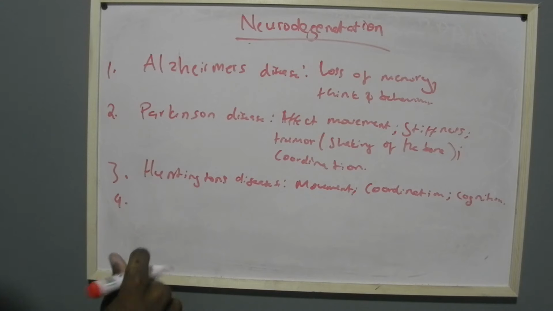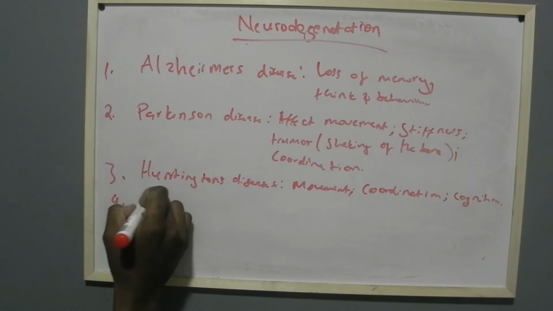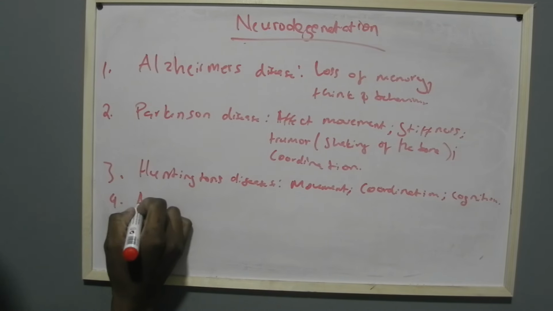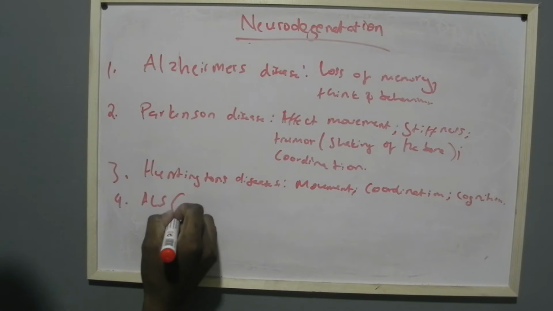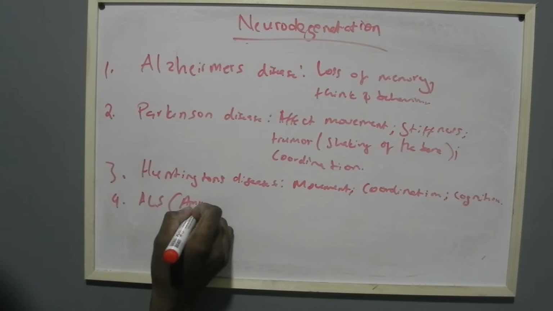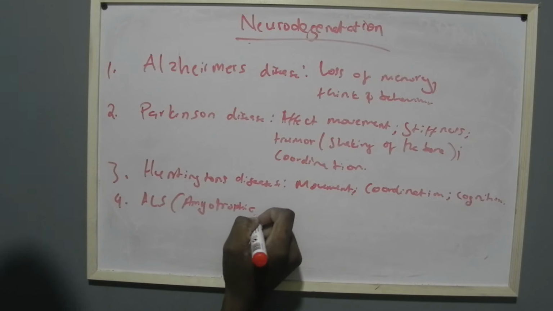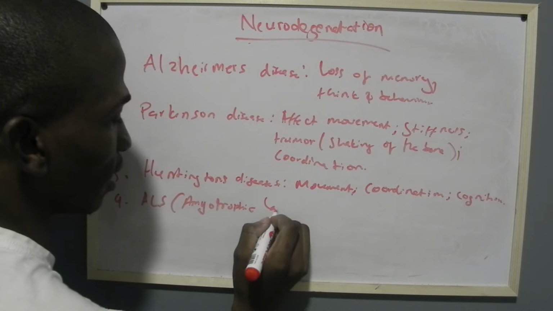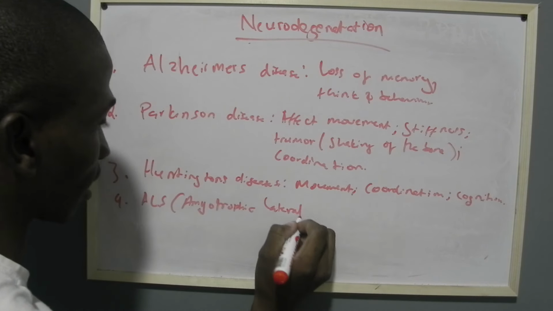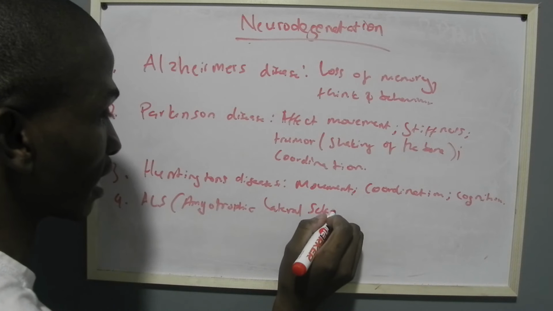And then we've got disease number 4, which is called ALS, amyotrophic lateral sclerosis.